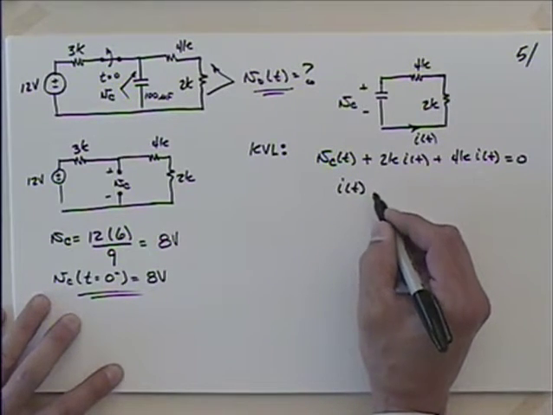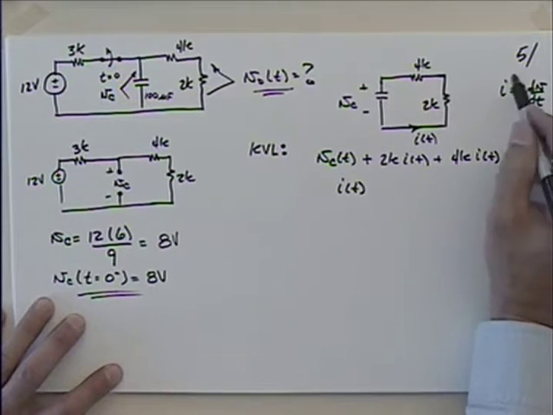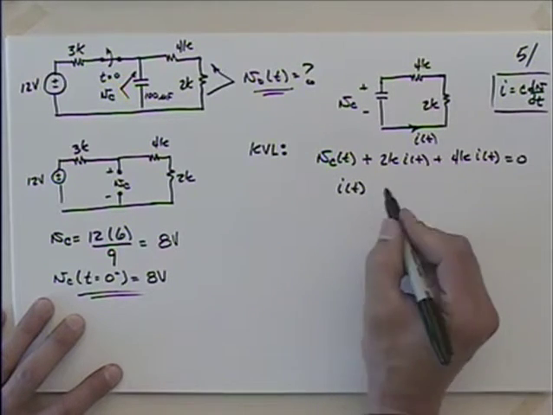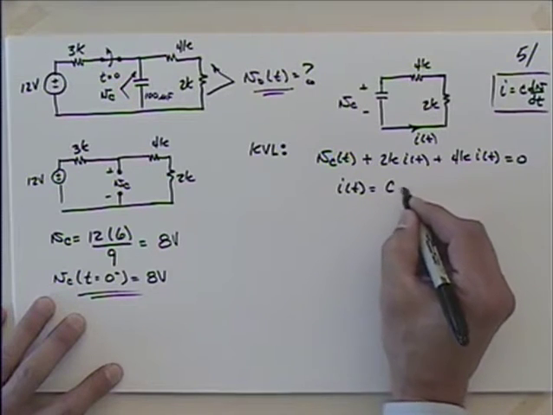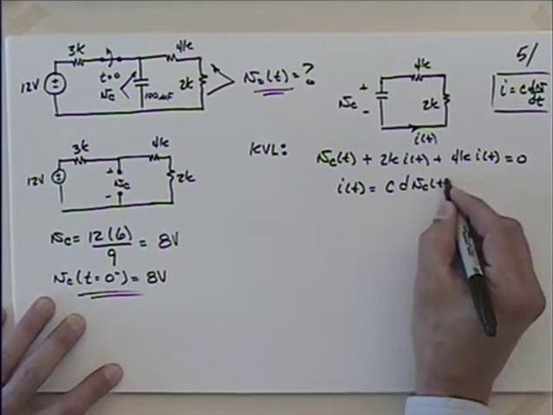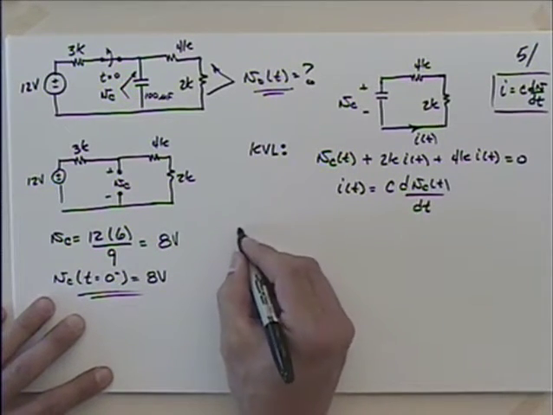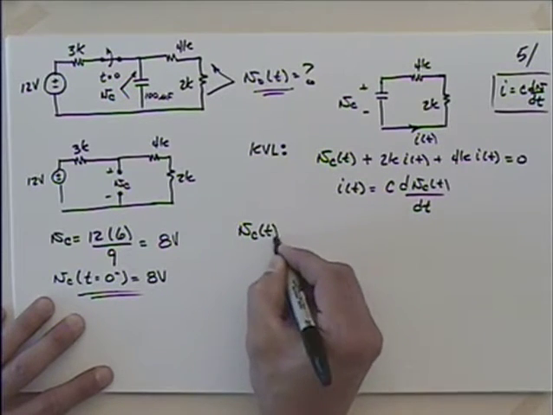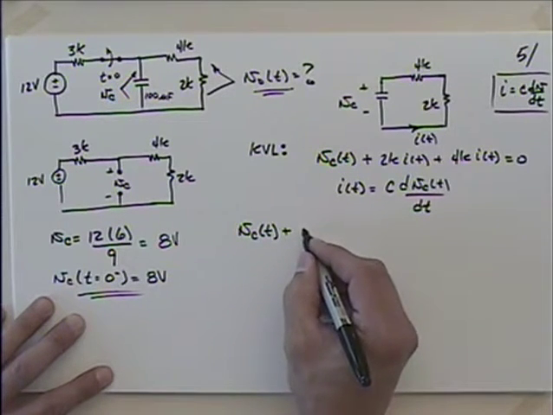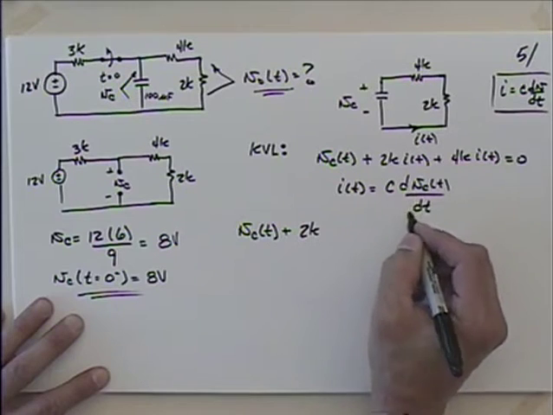What's our governing equation for the capacitor? I for a capacitor is equal to C times dV dt, is that right? So a little general equation there. So we could say that this is equal to the value of the capacitance times dVc of t dt. So when I put this in here, I get V sub c of t plus 2k times the value of the capacitor.